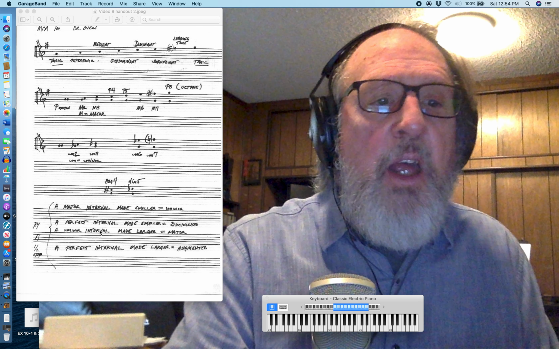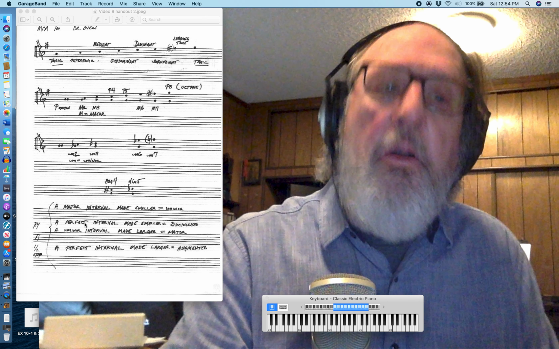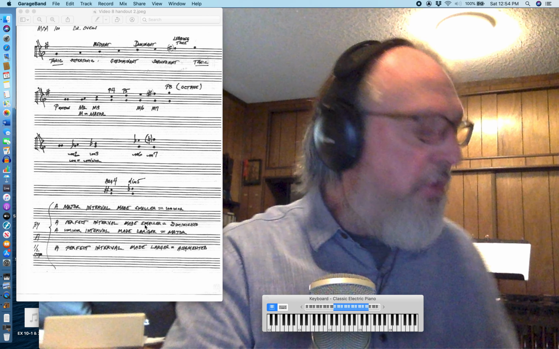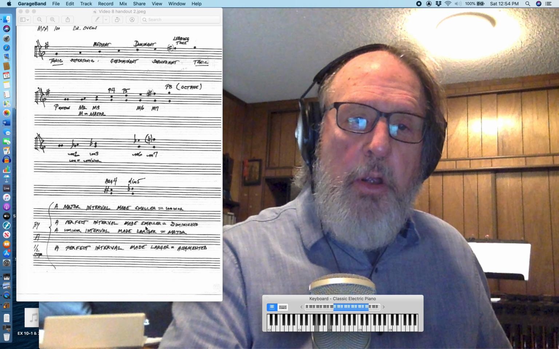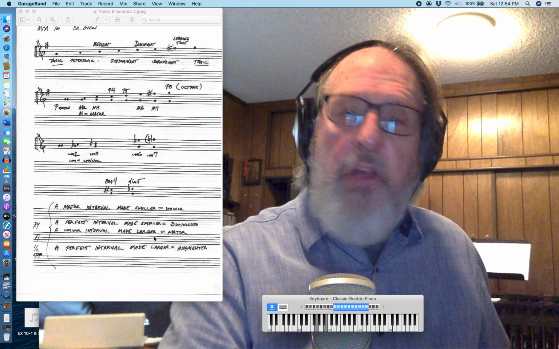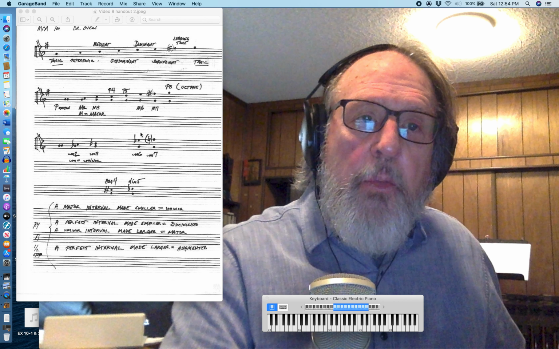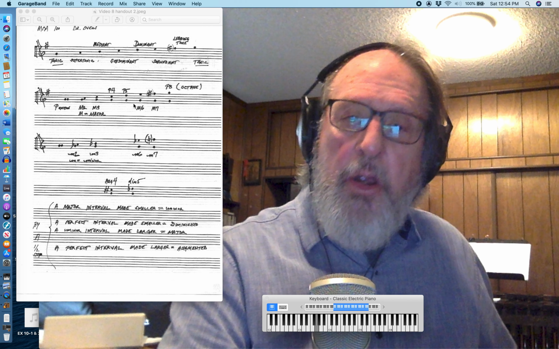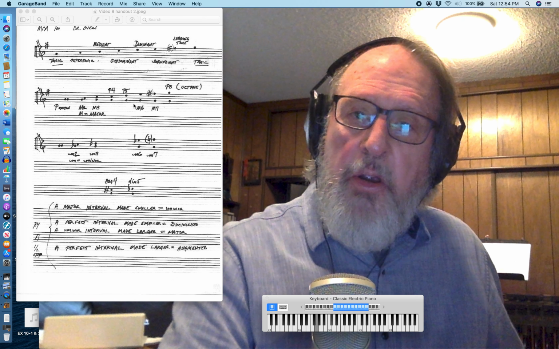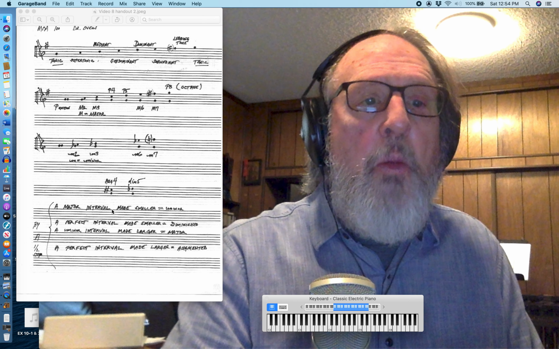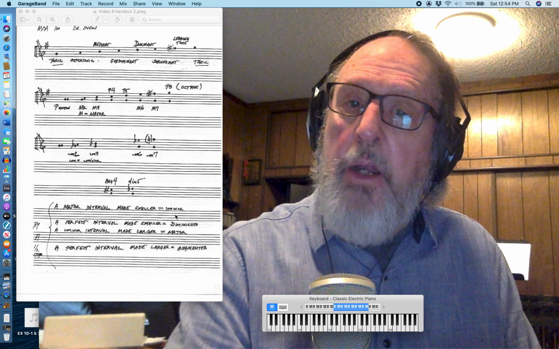If I take a perfect interval, this perfect fourth, and make it smaller by a half step, we say it's a diminished fourth. I'll take it with the fifth. So perfect intervals made smaller become diminished. Major intervals made smaller become minor.